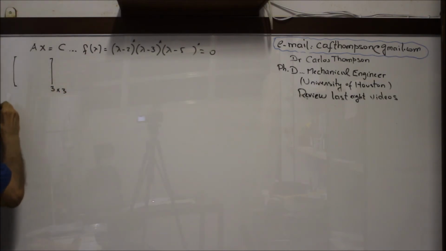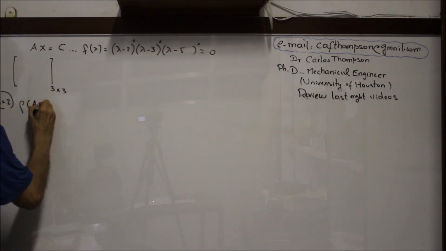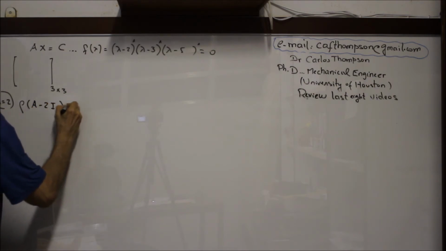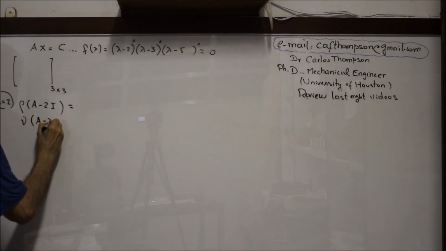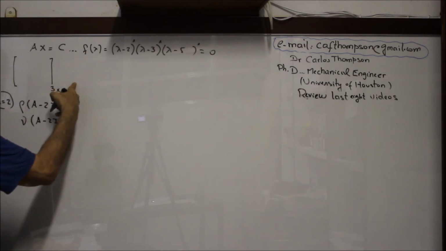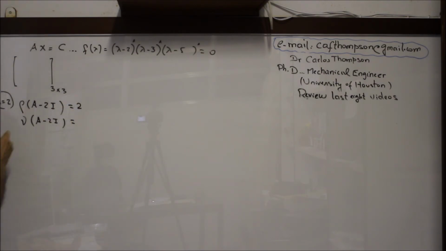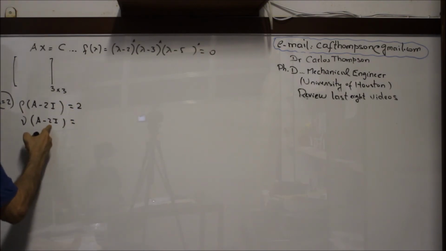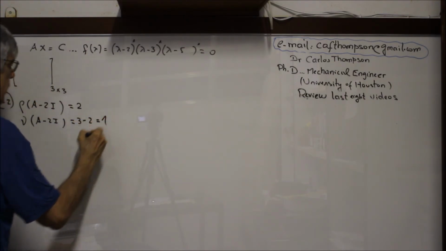Now, rho for lambda equals 2. Now, rho of A minus 2I, equal to ni of A minus 2I. Suppose it's 3 by 3, suppose rho is 2. Ni of A minus 2I will be 3 minus 2, which will be 1.